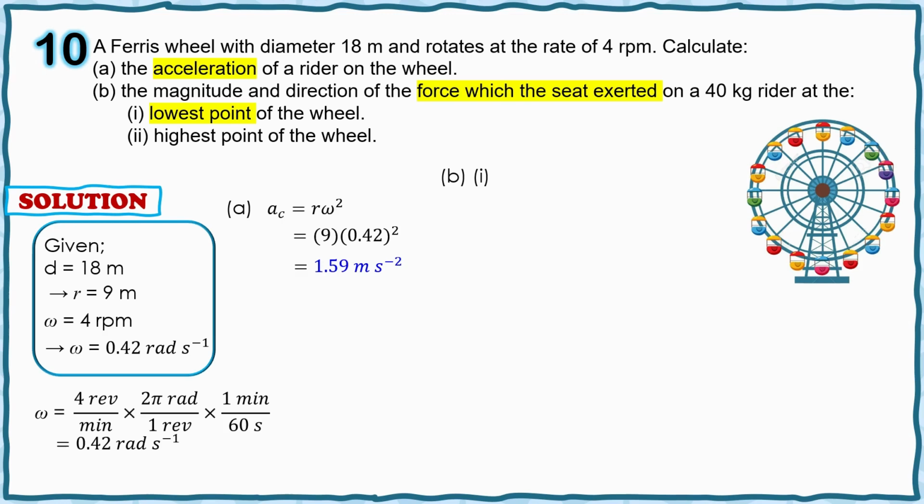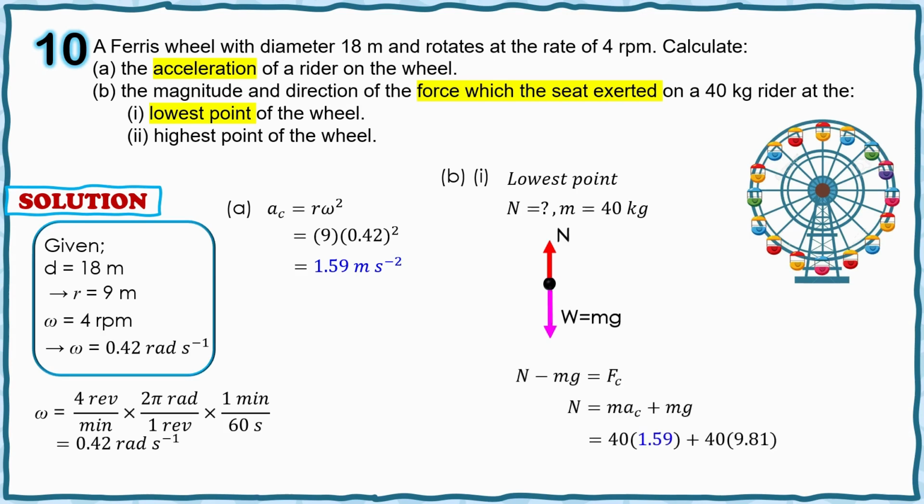For question number B, you need to calculate the magnitude and direction of the force which the seat exerted on a 40 kg rider at the lowest point and the highest point. The force the seat exerted on the rider represents the normal force. To calculate the normal force at the lowest point, we need to refer to the free body diagram at the lowest point. N is directed upward, to the center of the circular path, and W is downward.